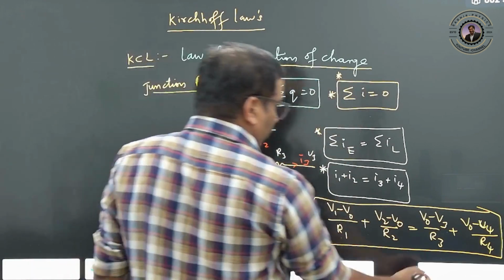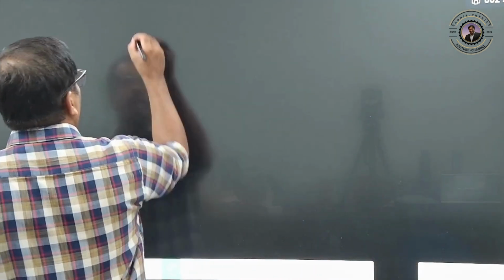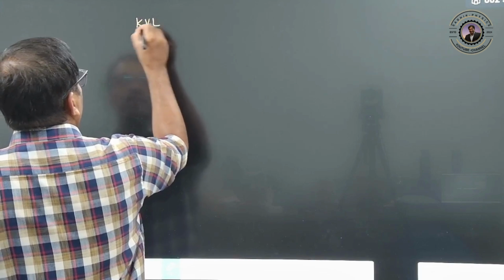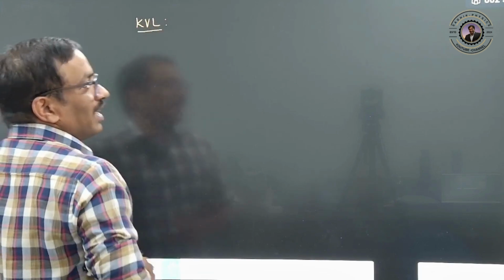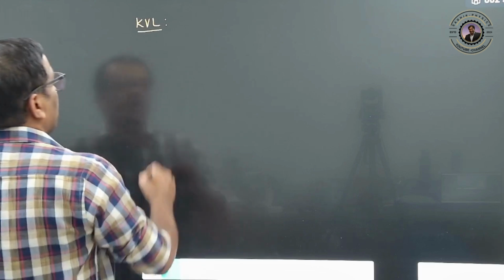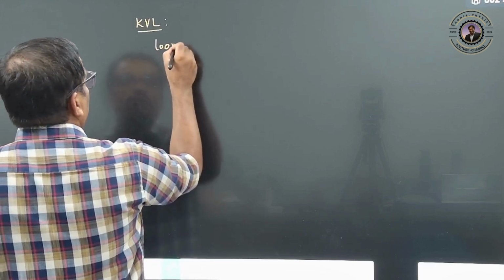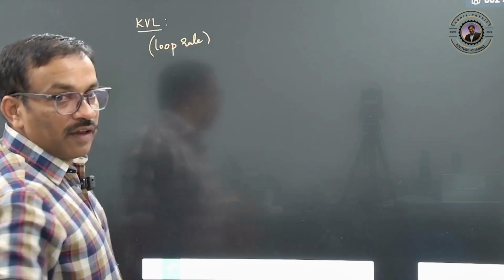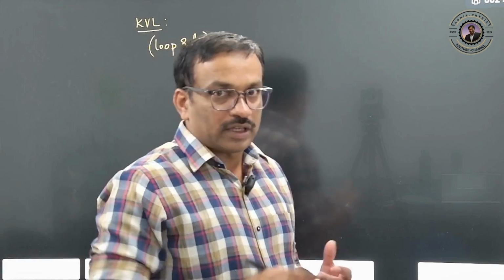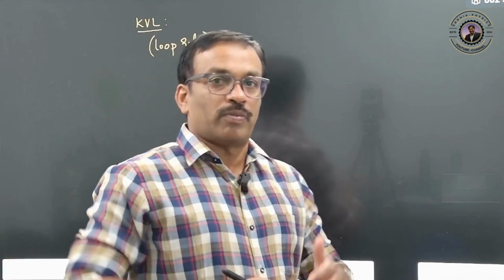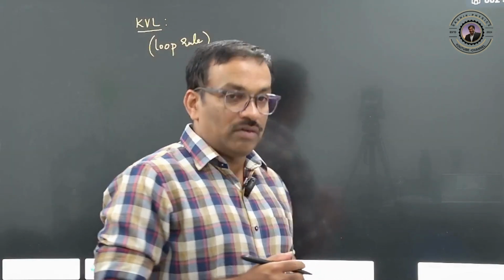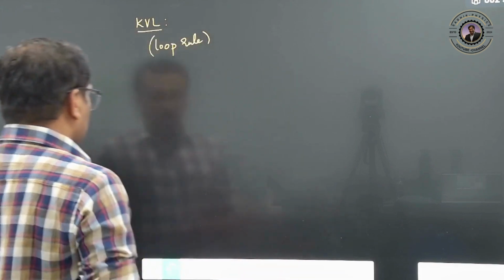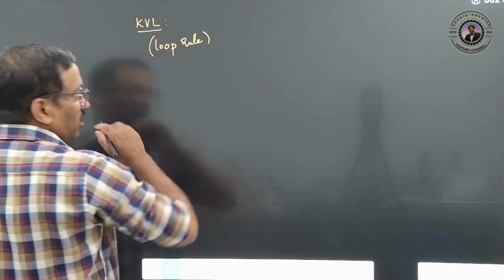Next one, we can go for KVL, Kirchhoff voltage law, or we can also call it the loop rule. You have to take a certain loop, and within that loop the total potential difference will always be equal to 0.